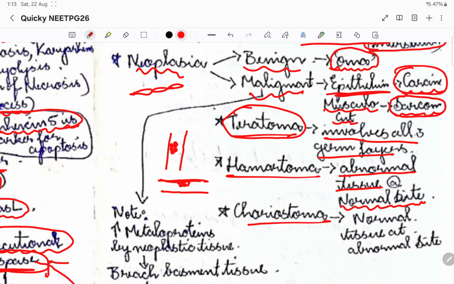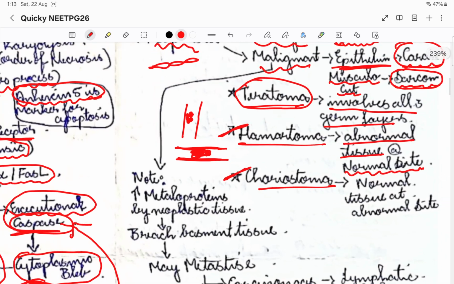Suppose this is a bone marrow. If inside bone marrow we start seeing small intestine columnar cells and all, it is going to be a normal tissue, but it is at an abnormal site, right? So that is what is called choriostoma, okay. Abnormal tissue at normal site is hamartoma, whereas the vice versa is choriostoma, okay. Remember that thing, okay.